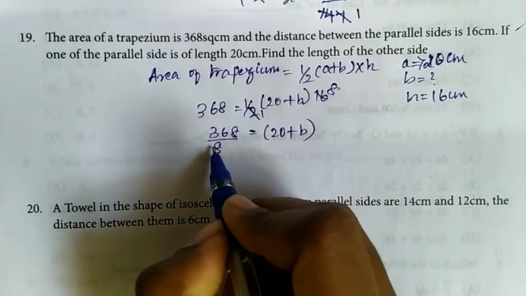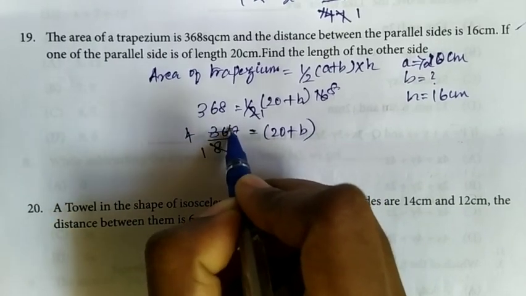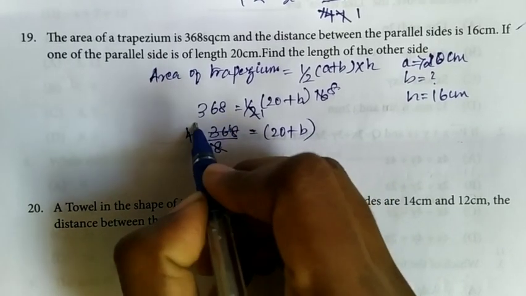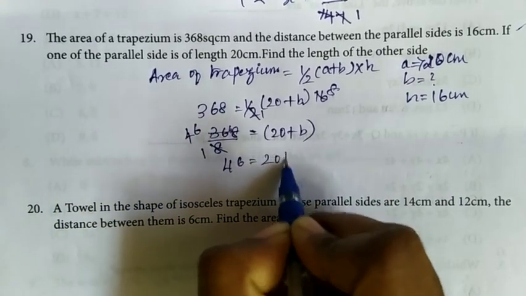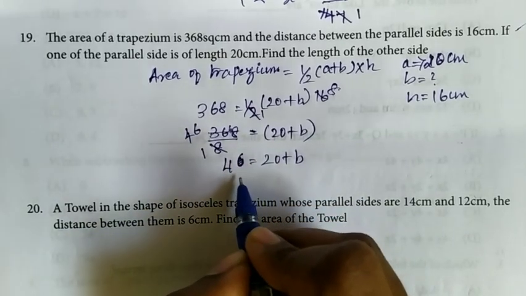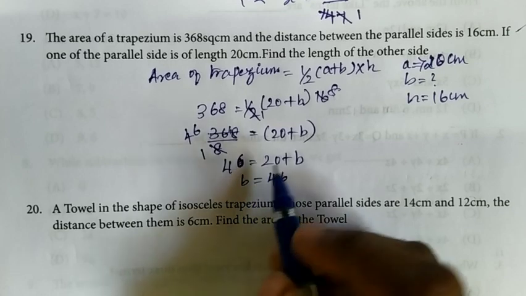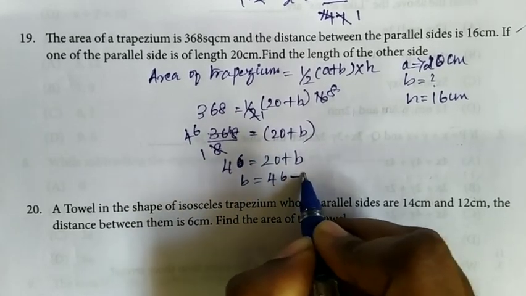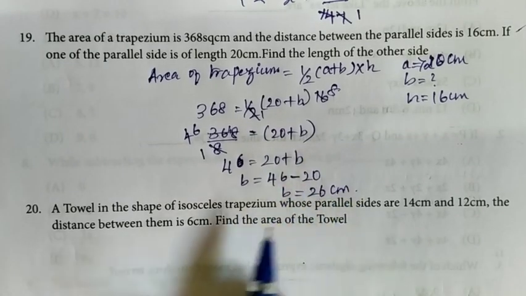Cancel this by 8th table. 8 1 is 8. 8 4 is 32. Remaining 4 48. 8 6 are 48. So we get 46 equal to 20 plus b. Put b one side. While moving 20 there, it changes as negative, minus 20. B is equal to 26 centimeter.